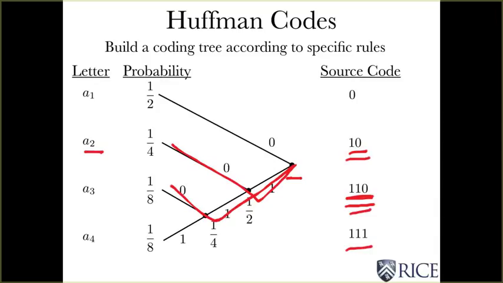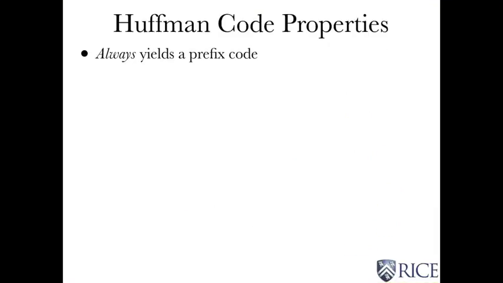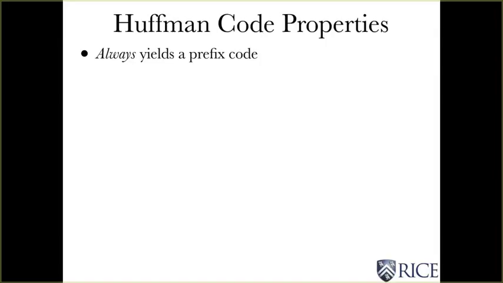So you have a code that obeys the rules that allow you to figure out from a whole sequence of these bits where the boundaries are. So that's good. This property of no code word beginning any other is called a prefix code, and it's just terminology in the field.